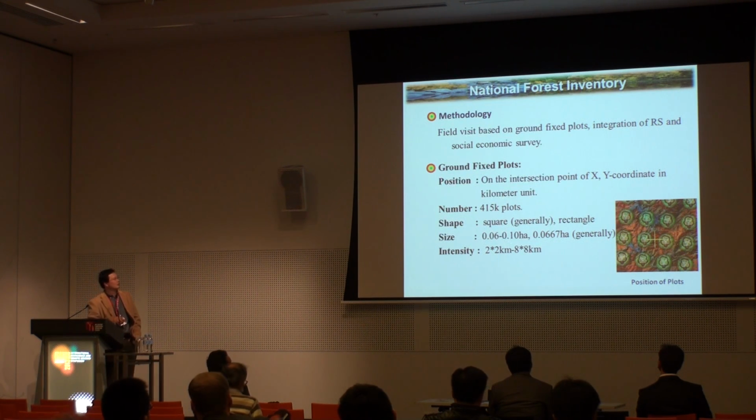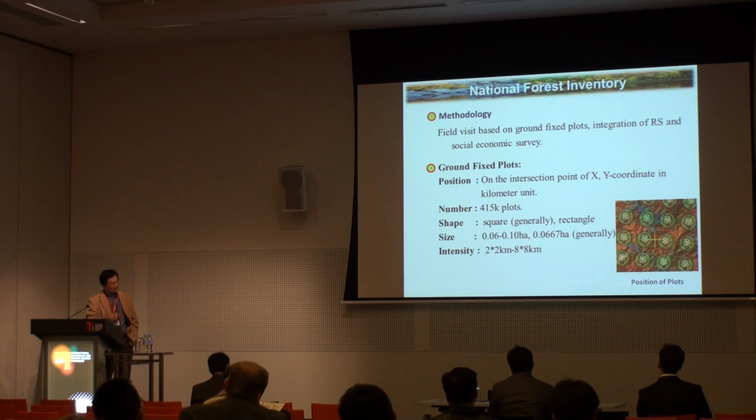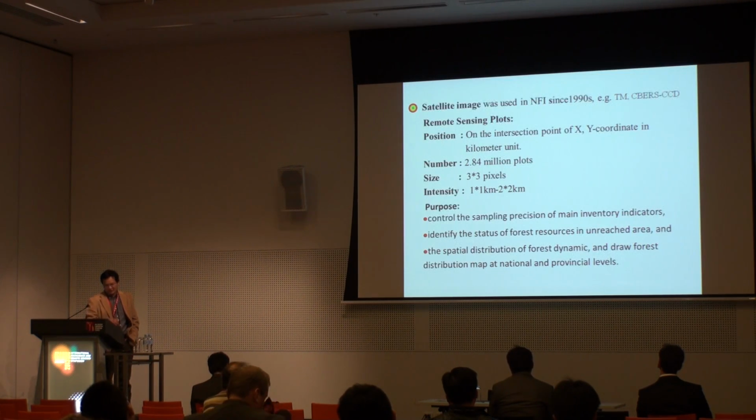Overall, in the country we have 415,000 plots. All of these are permanent plots, have been measured a couple of times, and all of this data has been used to estimate the total forest volume and forest coverage.